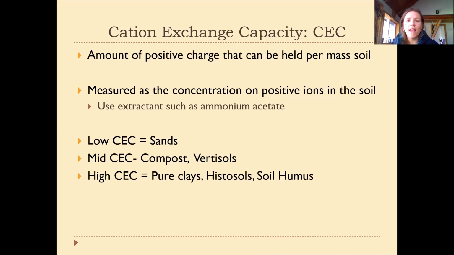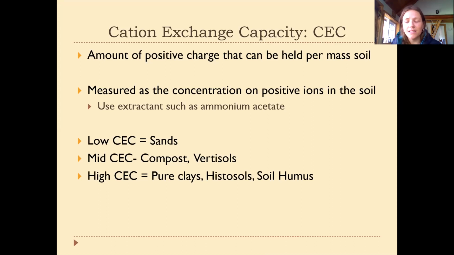And so the way that this is usually measured is how much positive charge can be held per mass of soil. So how much capacity does that soil have to bond on to these different positively charged ions?